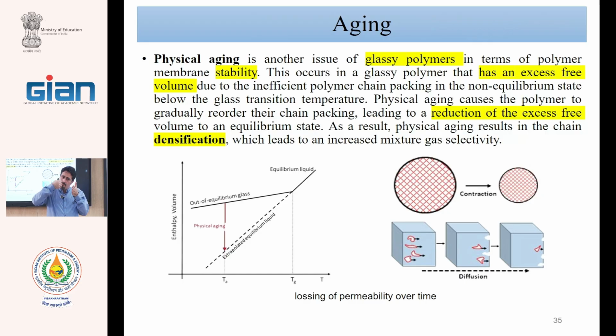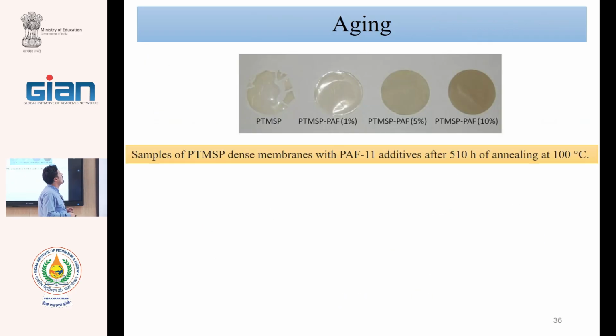This compresses the polymers during the time, and after 1 year, the pores and the free volume reduce and cause a reduction of the free volume and the flux. And in this case, after this time, the membrane is brittle and destroyed.